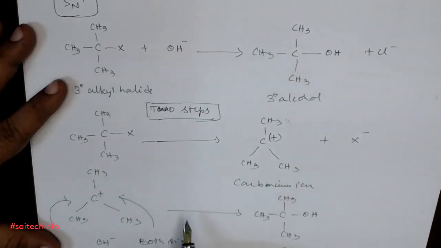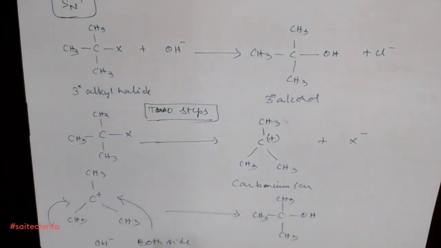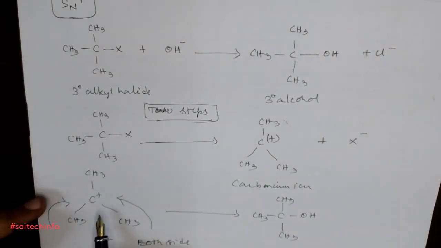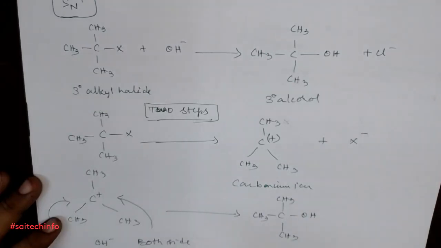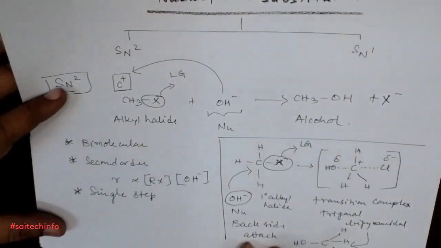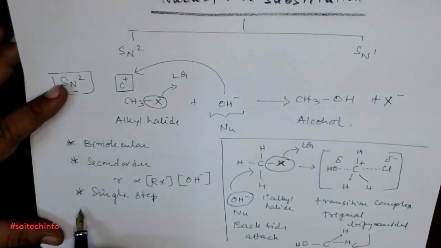In fact, this OH minus attack can take place either on this side or this side. So there is no change of symmetry in this case, whereas in the case of Sn1 there is a change of symmetry.